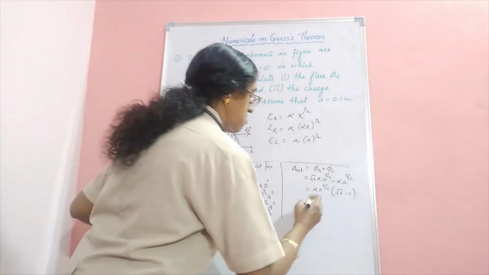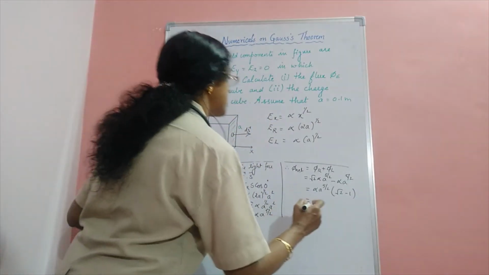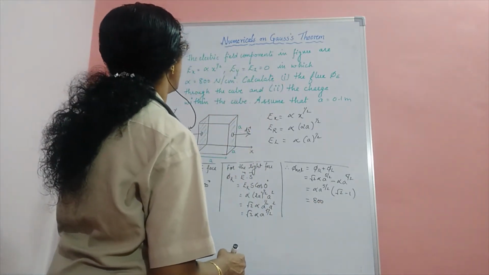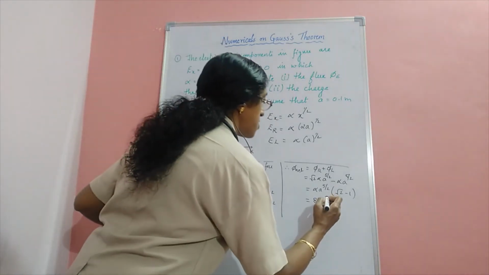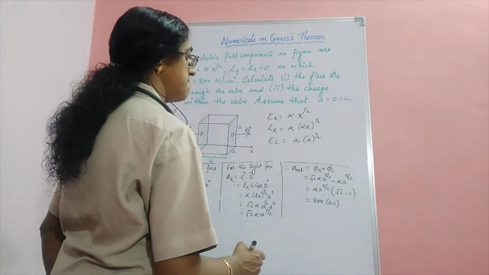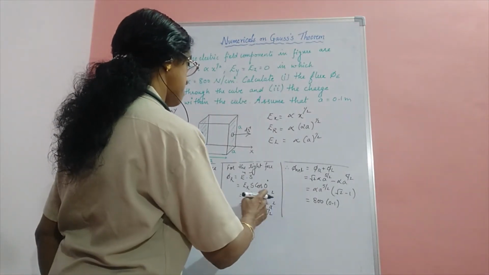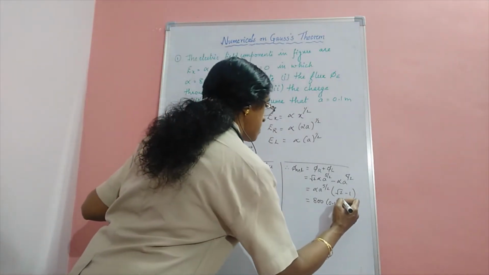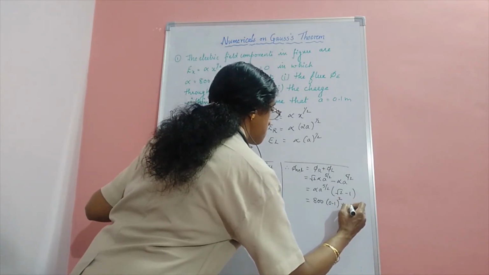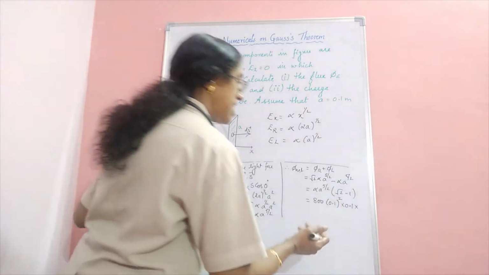Now, this can be written by substituting the values. Alpha is 800 and A is 0.1. So, I'll write 0.1 to the power of 5 by 2 into root 2, which is 1.414, minus 1.